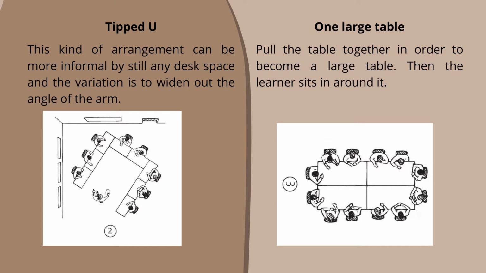And then the third type is one large table. This pulls the tables together to become a large table, and then the learners sit around it. This kind of arrangement allows the students to communicate with each other.